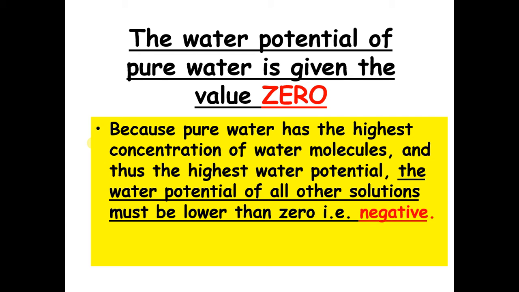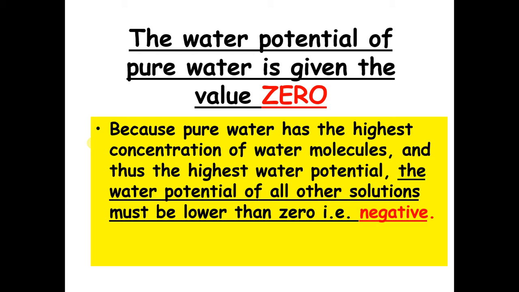So a key thing you need to remember is the water potential of pure water with nothing dissolved in it in a glass or an open beaker, that means it's just open to the environment and that's it, is 0. Because pure water has the highest concentration of water molecules possible. There's nothing else in there.